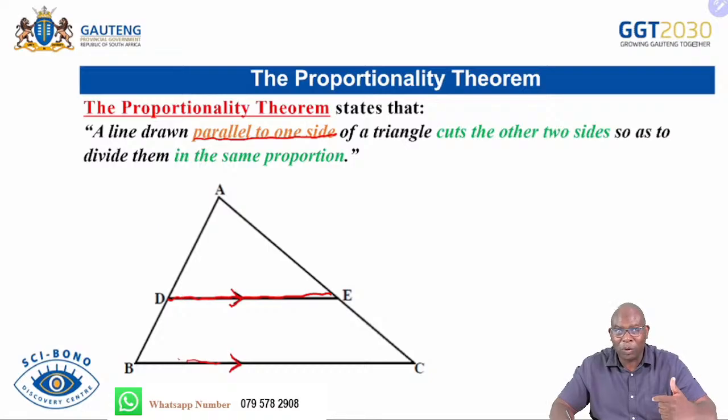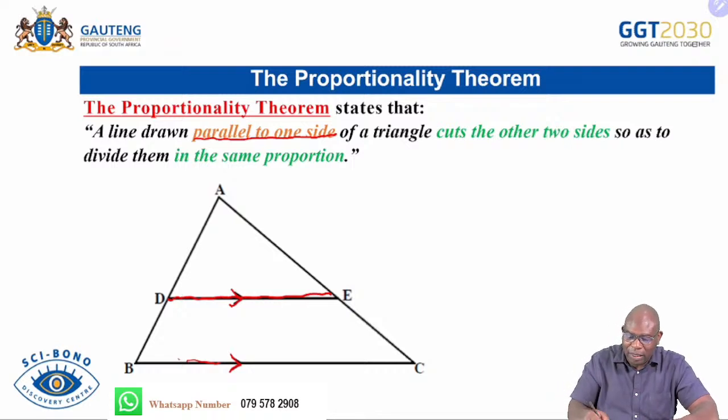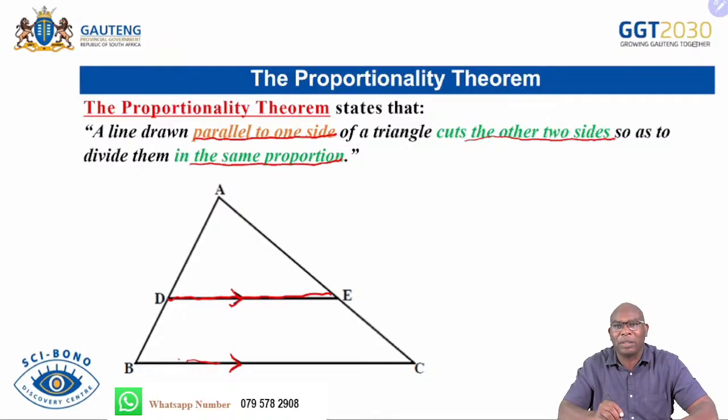No, it does not. It is not a midpoint to the other two lines. So what are we going to say? We say it cuts the other two sides so as to divide them in the same proportion.